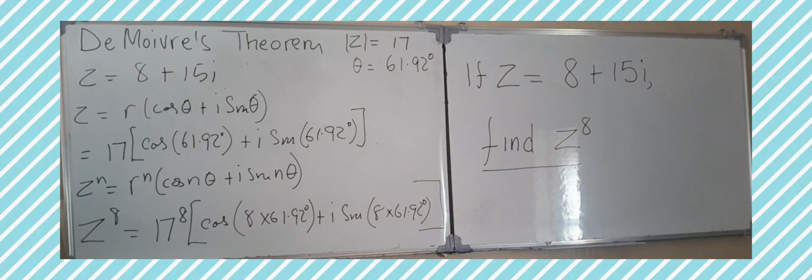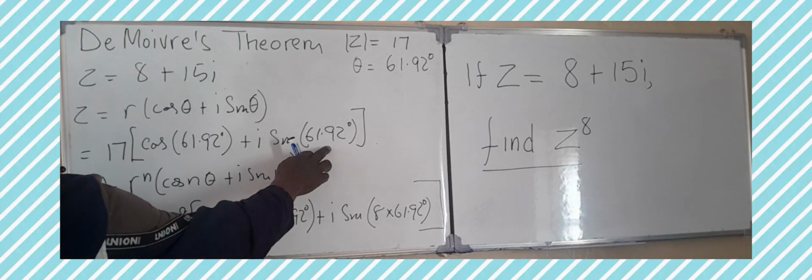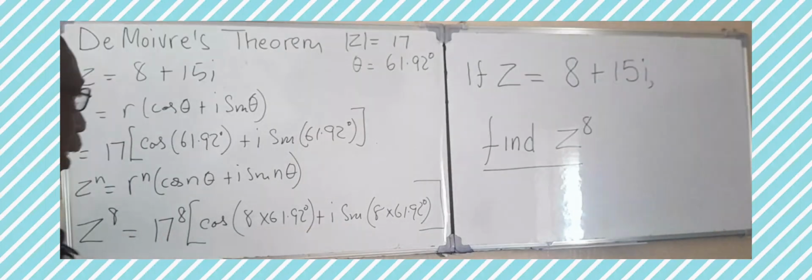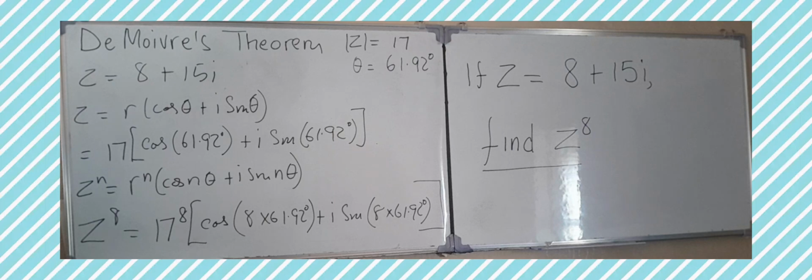Notice what is here. 8 is the power there, multiplying our argument 61 point that. And 8 here is the power to which our modulus r, which is 17, is being raised. So this is now Z raised to the power 8. And that is de Moivre's theorem for you.